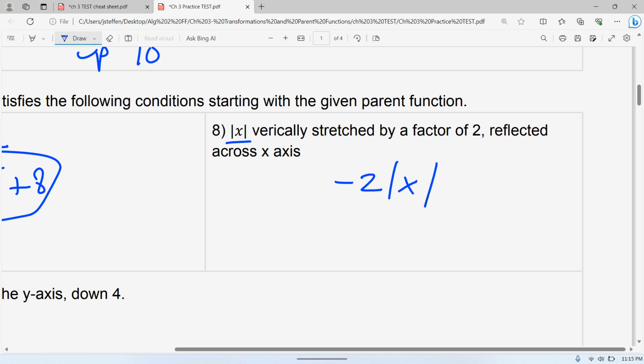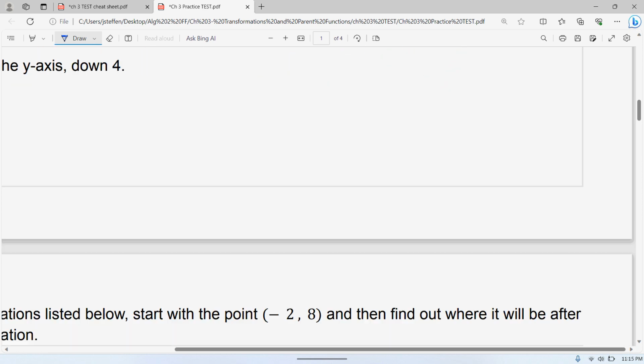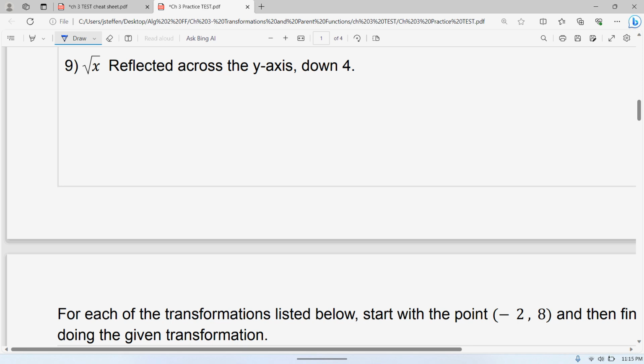So moving on, for each transformation listed below, start with the point (-2, 8), and then find out where it will be after the given transformation. Three.